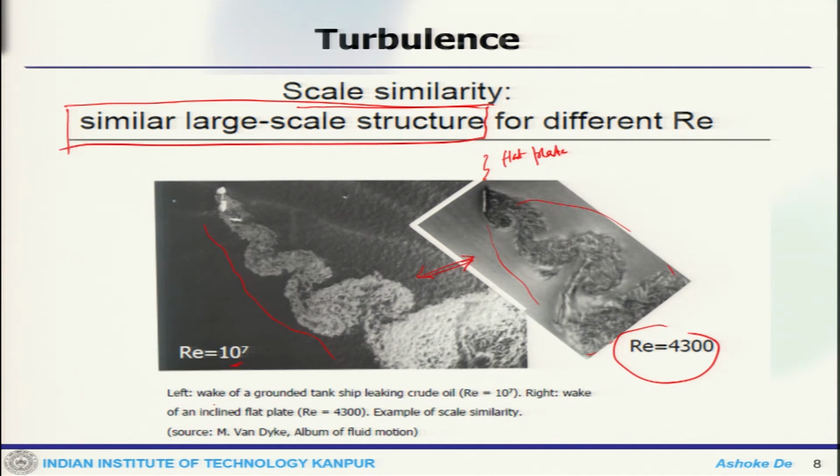So, that means you take a flow behind a grounded tank, or a flow around a flat plate, or a flow around a sphere, the large scale structure would be similar in nature. That is the important point here.